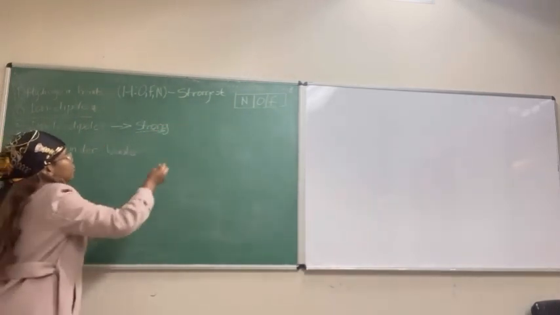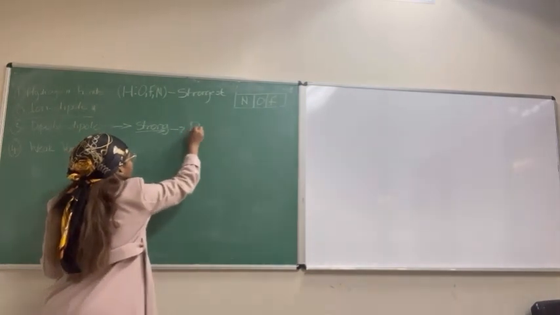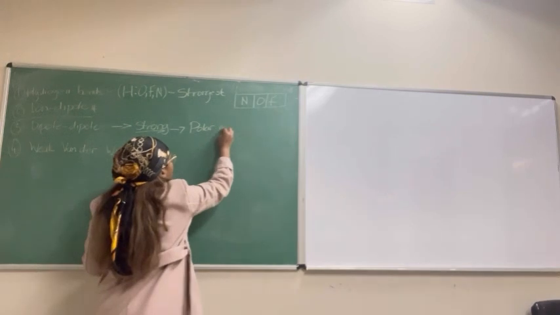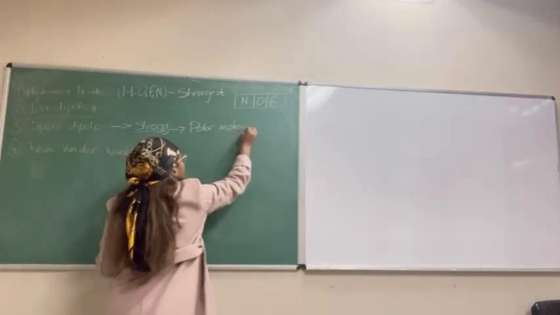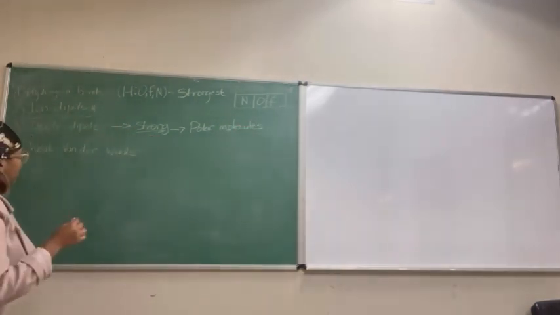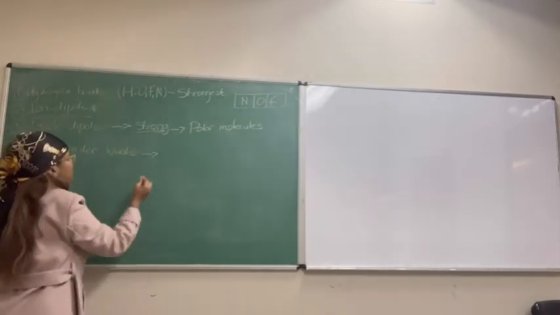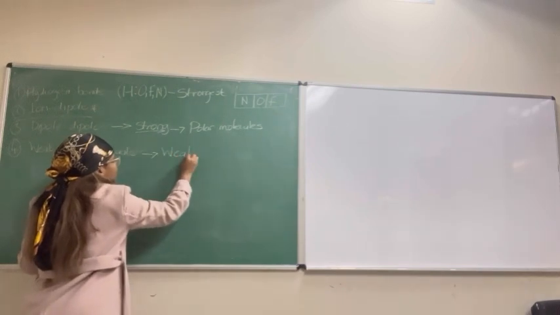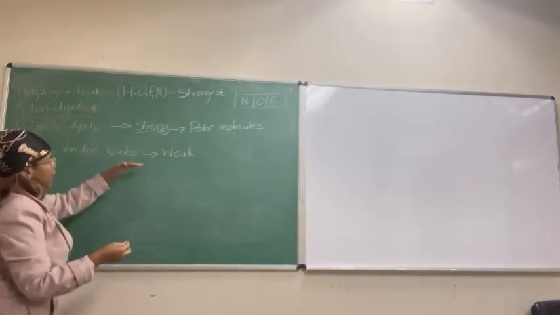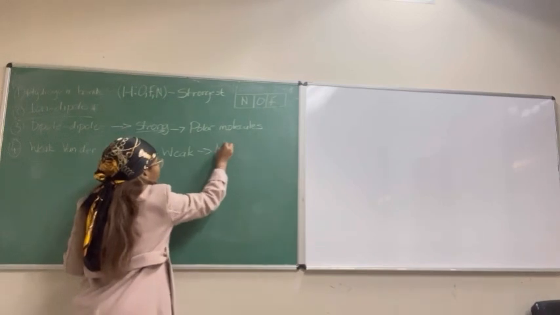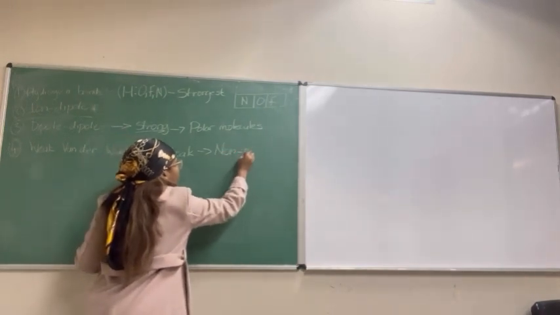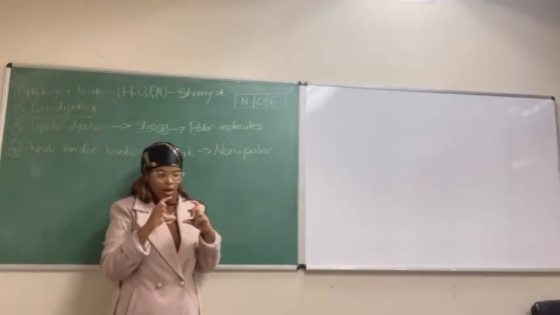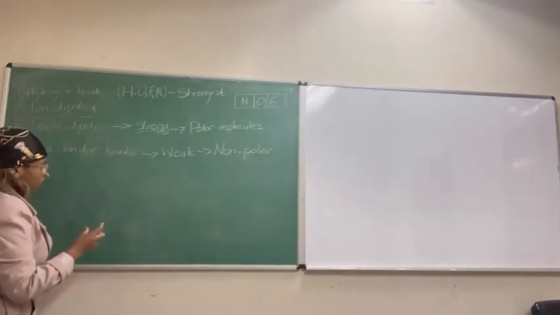Strong, and they happen between polar molecules, like water, for example. Water consists of polar molecules. So let's go to weak van der Waals. These ones, as the name suggests, are weak, and they will happen between non-polar molecules. Right? So now we have the basic background of what intermolecular forces are.